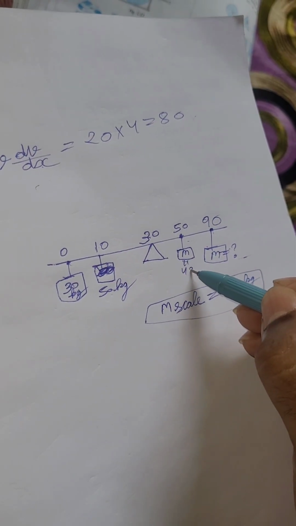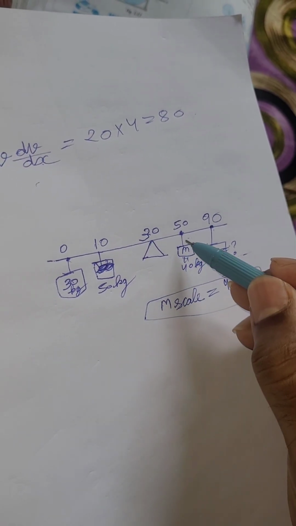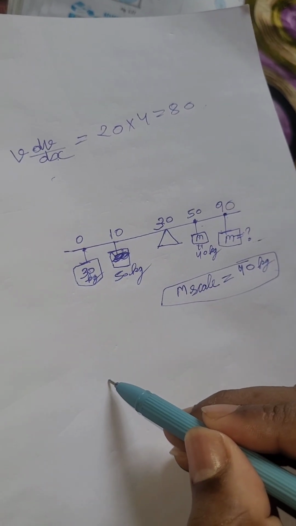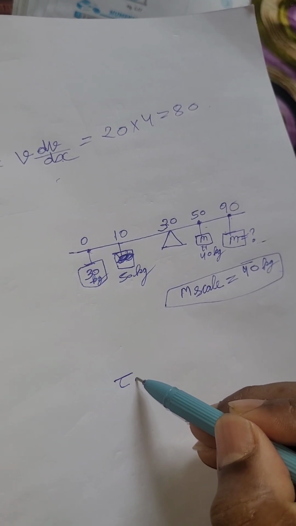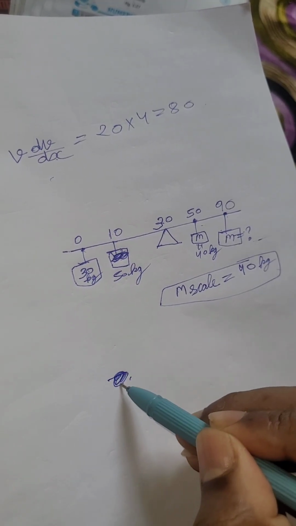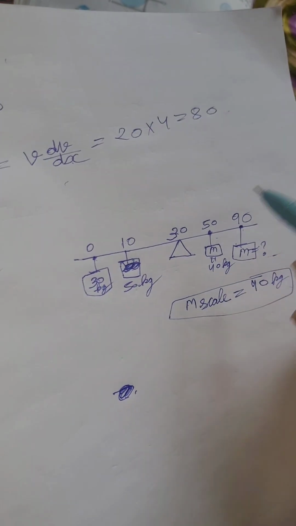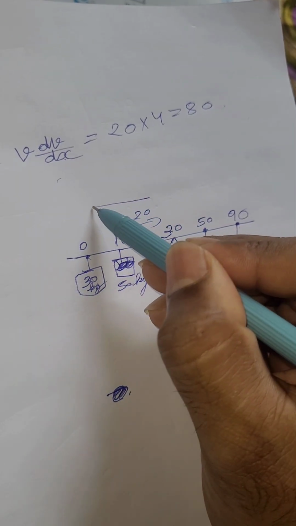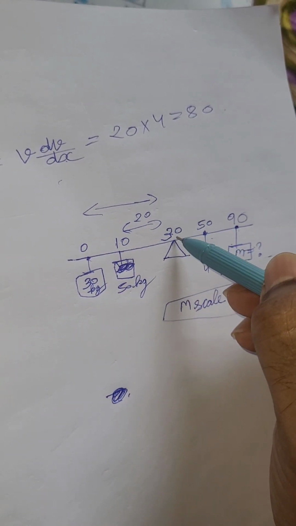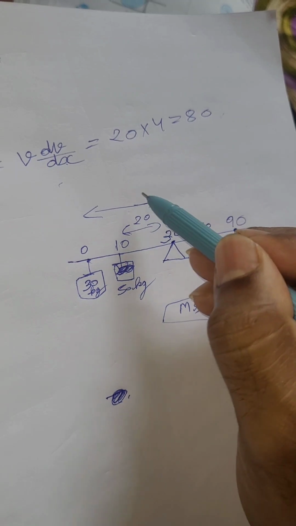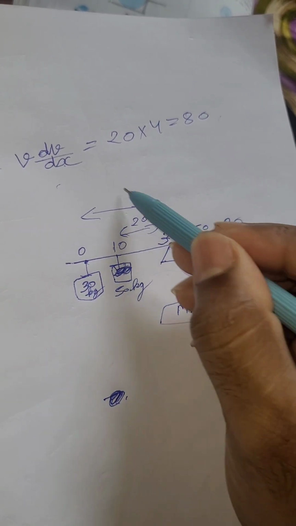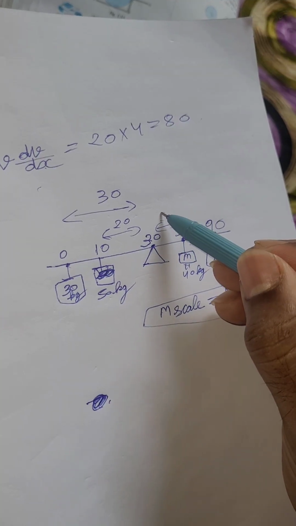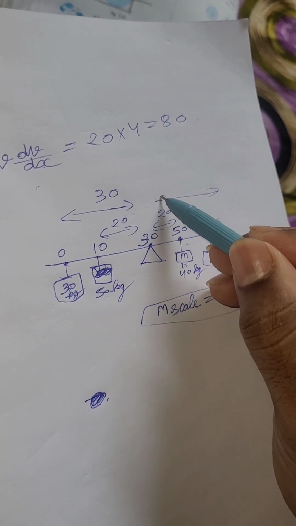This mass is 40 kgs. So the total anti-clockwise moment is equal to clockwise moment. So first distance is 20, second distance from this pivot, the point, is 30. For this it is 20, for this it's 60.